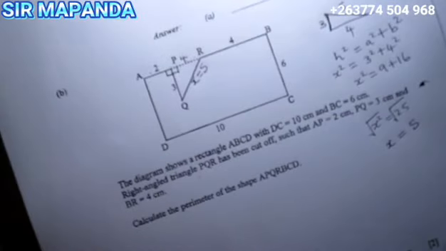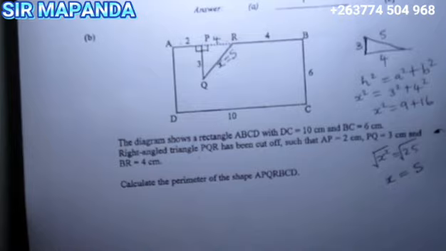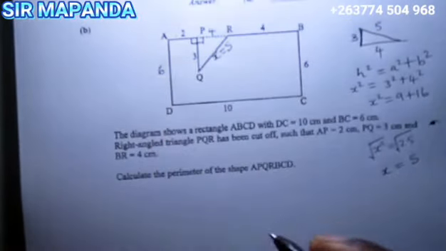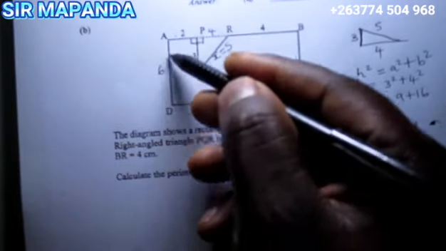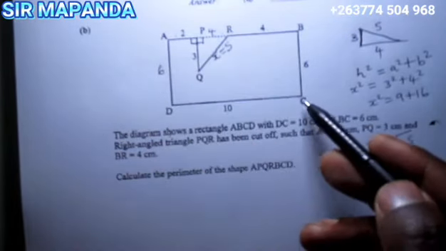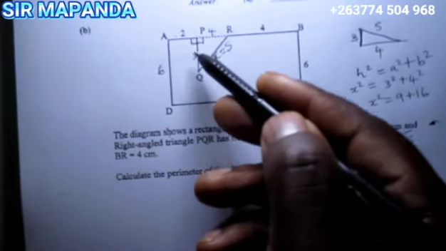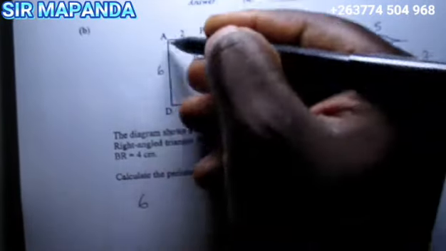But you need to understand the properties of a rectangle. Opposite sides of a rectangle are equal. So if BC is 6, it means AD is also 6. Our perimeter is made up of AD plus DC plus CB plus BR plus RQ plus QP plus PA. So I'm going to write 6 here.